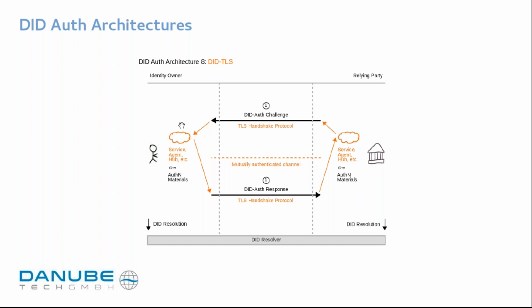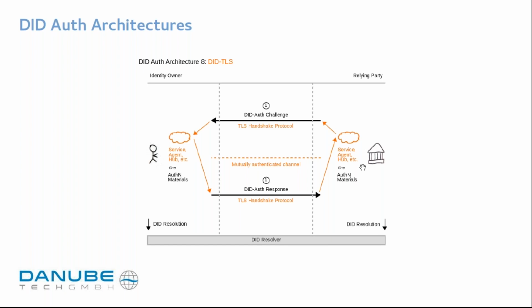So this is not with a web browser, not with a mobile app, but just service to service interaction, basically running any kind of protocol, any kind of messaging, any kind of data exchange between two services could also be authenticated using DIDs. This part is very relevant to the typical Sovereign architecture, right?